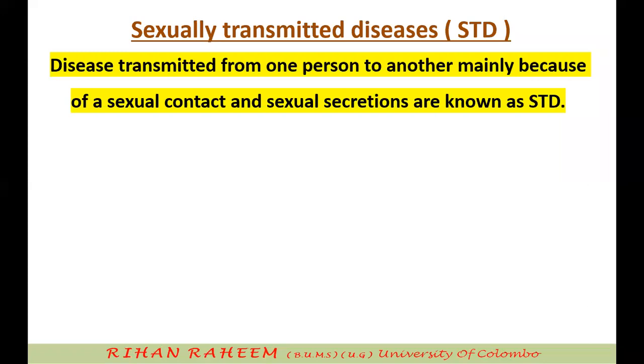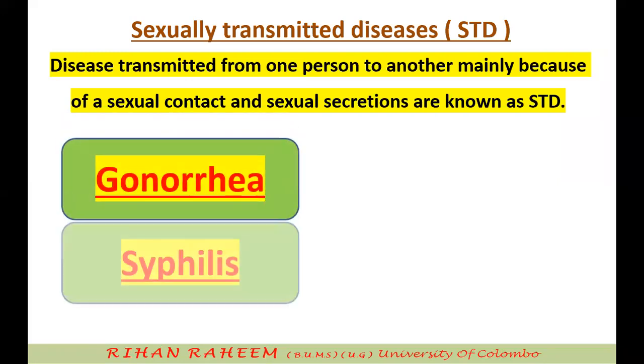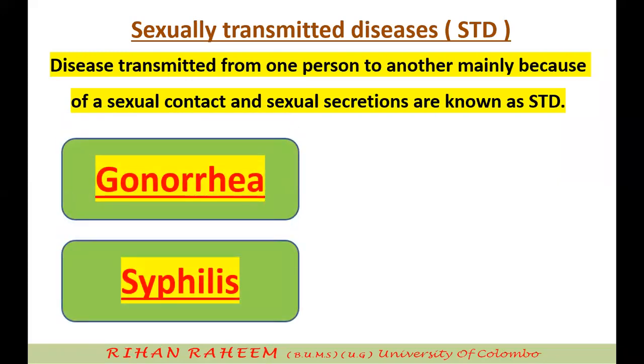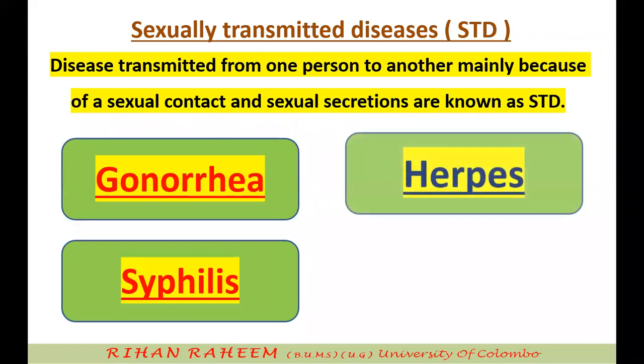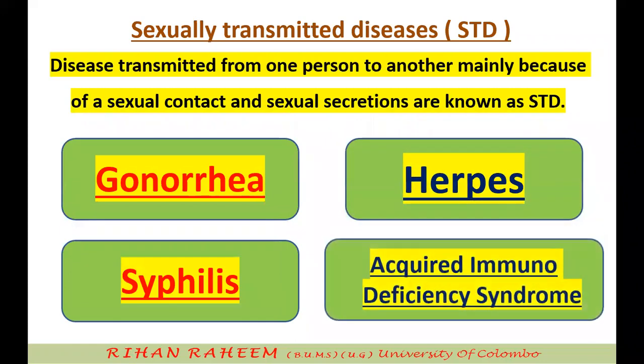There are 4 main sexually transmitted diseases. One is gonorrhea, the other is syphilis. These are related to bacteria. The other two, herpes and AIDS, acquired immunodeficiency syndrome, are related to viruses.